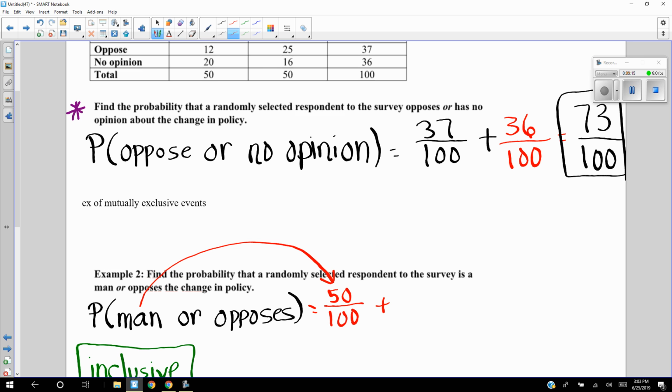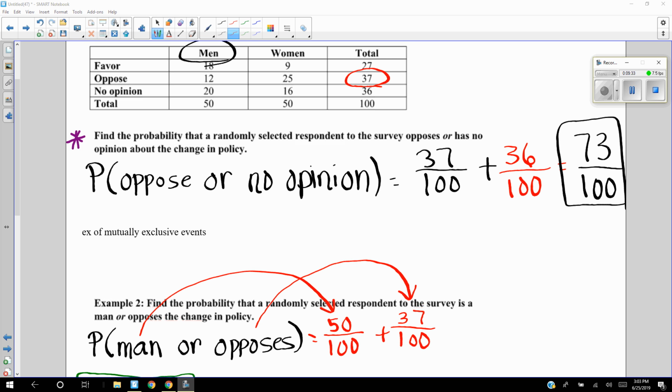And we're going to add to that the probability of randomly selecting someone that opposes. And there are 37 people out of 100 that oppose. Remember, that 37 can include women as well. But now we're going to subtract where these two events intersect.